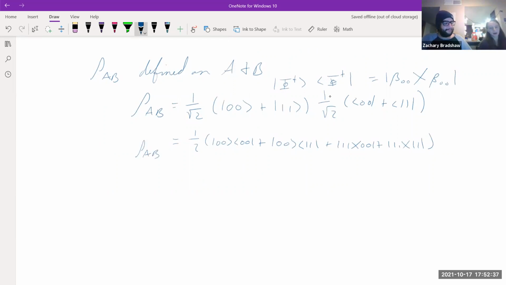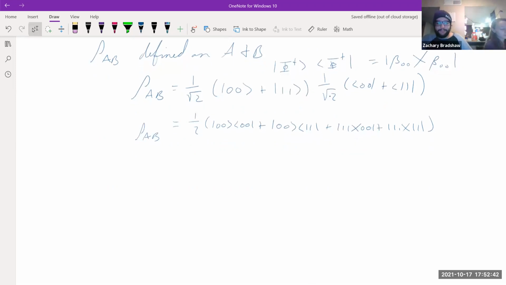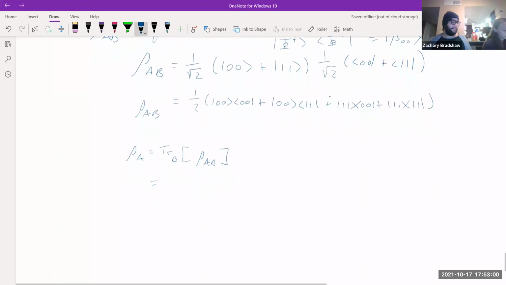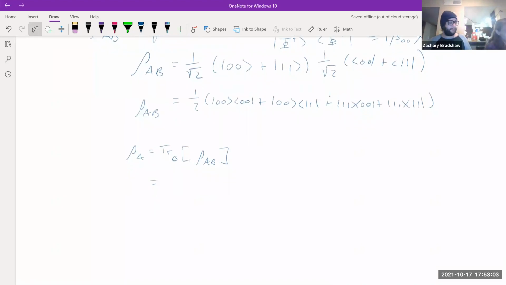Now, what if we lose Bob? What if Bob decides to burn his lab down? What is the state that we have left over now? Push Bob and his qubit into a black hole. He had it coming. So now we're tracing out Bob from existence. And what does this look like? Well, we're going to sandwich by our states. So we're going to have 0 on Bob.